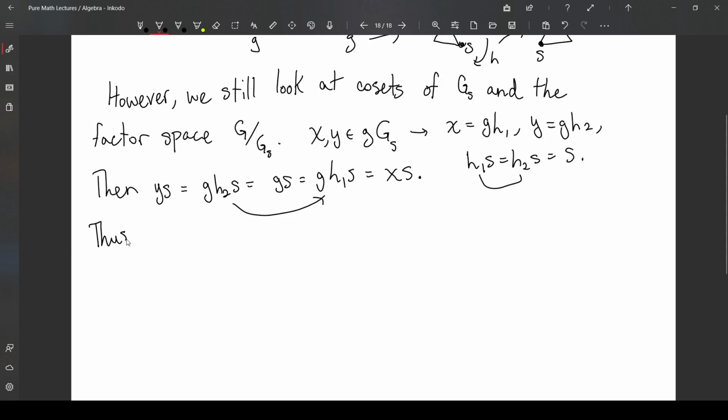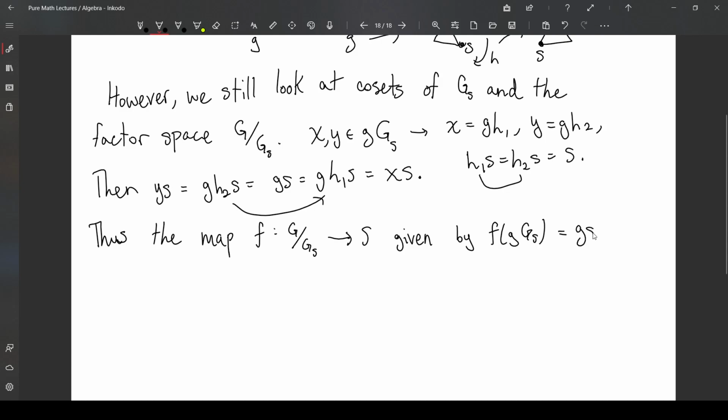Thus, the map F from the vector space to S given by f of x G sub S, let me do g sub s, equal gs is well defined. Right?